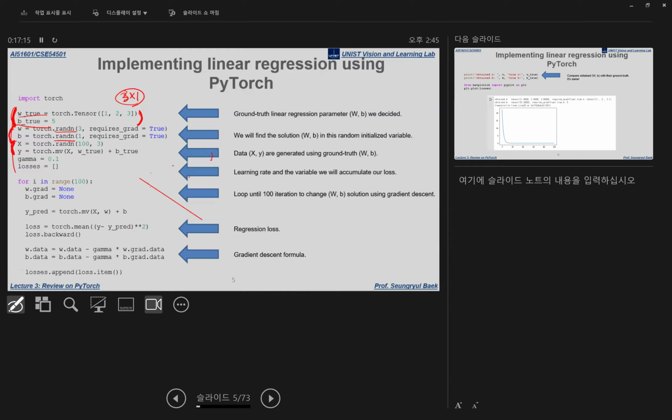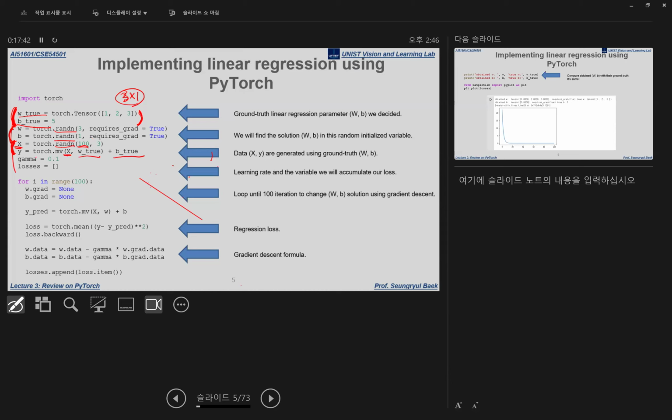We want to make some X and Y pairs by using W true and B true. X is randomly sampled for 100 samples. We multiply W true and add B true to those randomly sampled 100 samples.